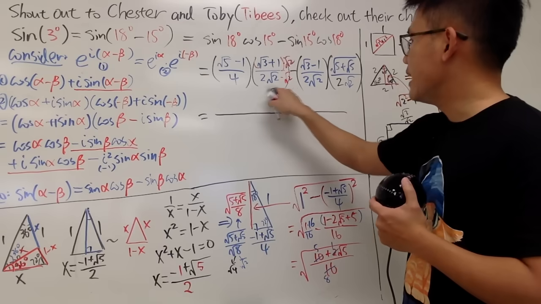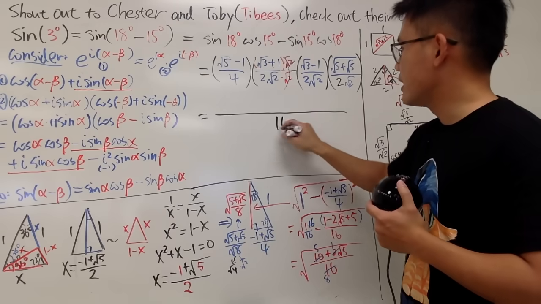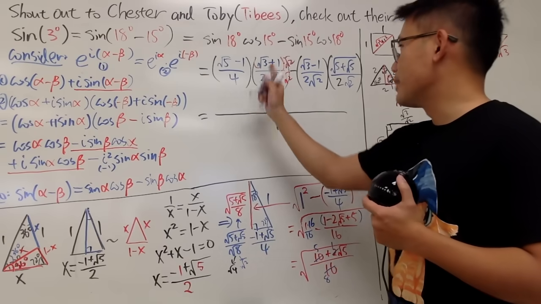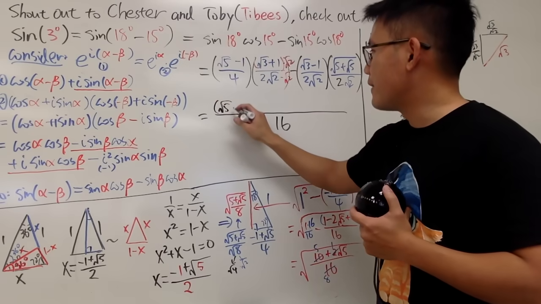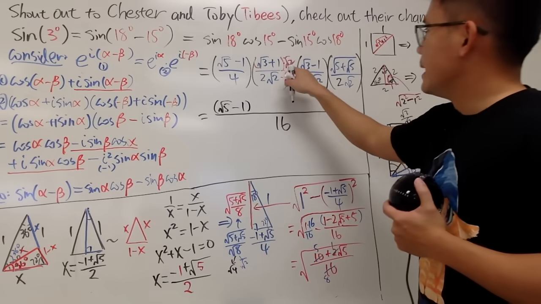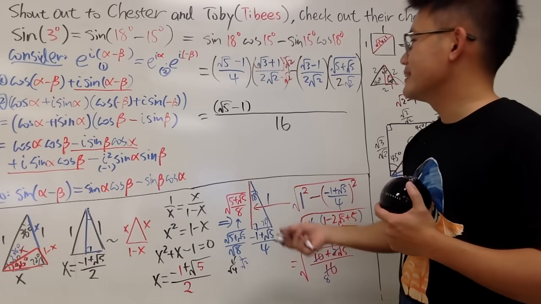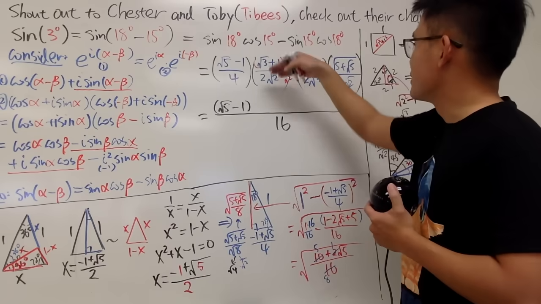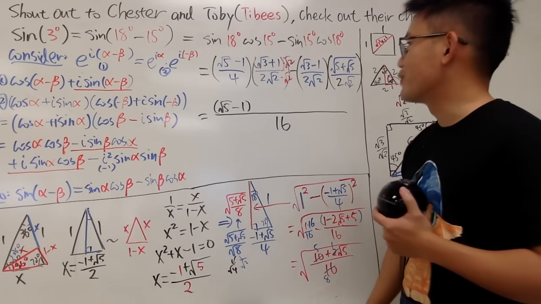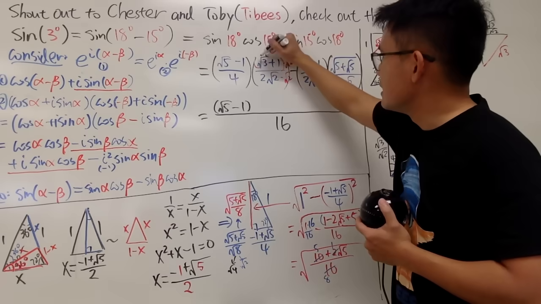So 4 times that's 8 times that is 16, so I can have that. And now I'm not going to multiply all the top, so you can do that on your own if you would like. This is square root of 5 minus 1. You can have the square root of 2 somewhere, but you can also distribute it. This is just your preference. Let's just at least multiply this in.